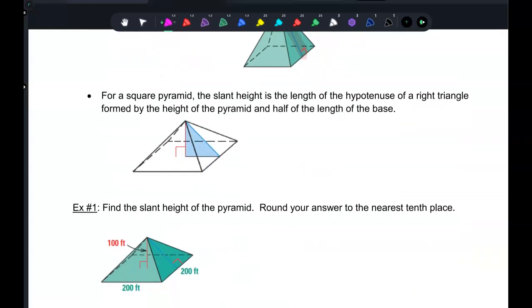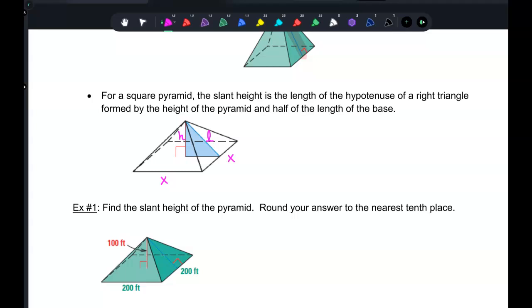All right, if you have a square pyramid, this is H, and this would be L. And if it's a square base, all the sides would be X. What do you think this measure would be here?